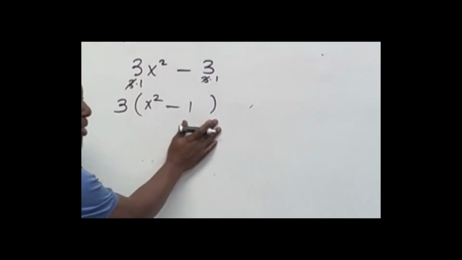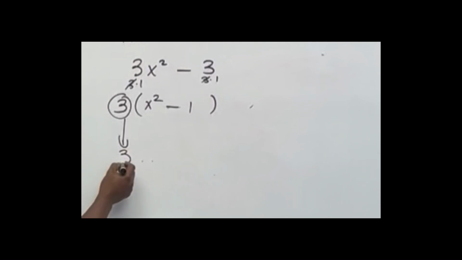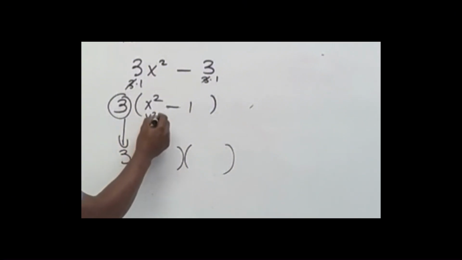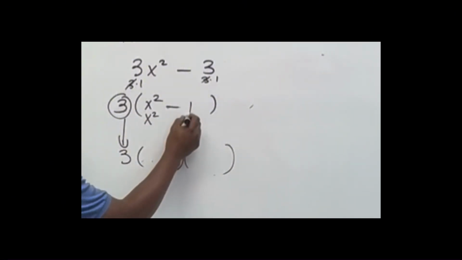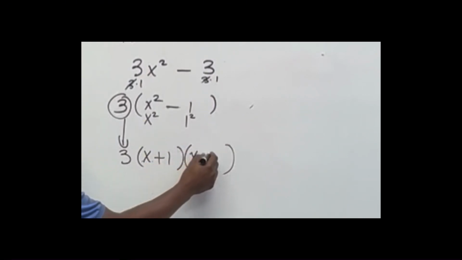It looks like we're done. We are not done. Can we break this down? Yes. This is x squared, and can I express 1 as a square? Yes. 1 is the same as 1 squared. So this becomes x plus 1, x minus 1.